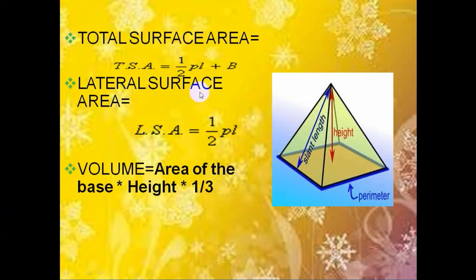So lateral surface area is 1 over 2 P multiplied by the slant side length. B represents the area of the base here, and we can also put H. Now the volume of this figure is the area of the base multiplied by the height multiplied by 1 over 3.